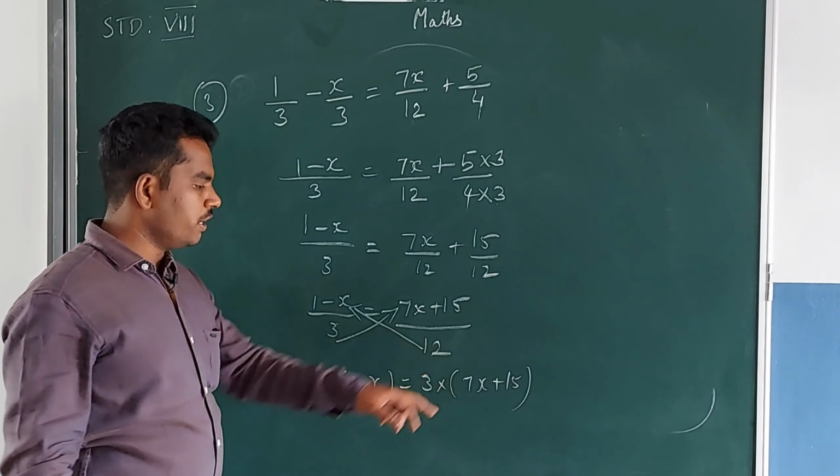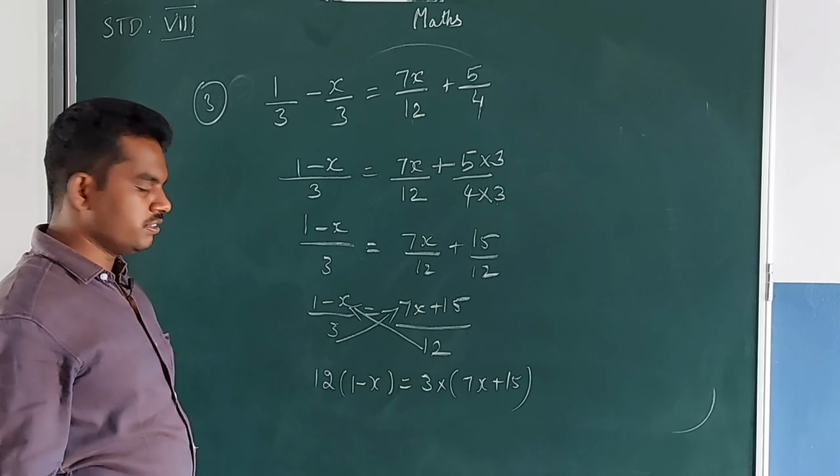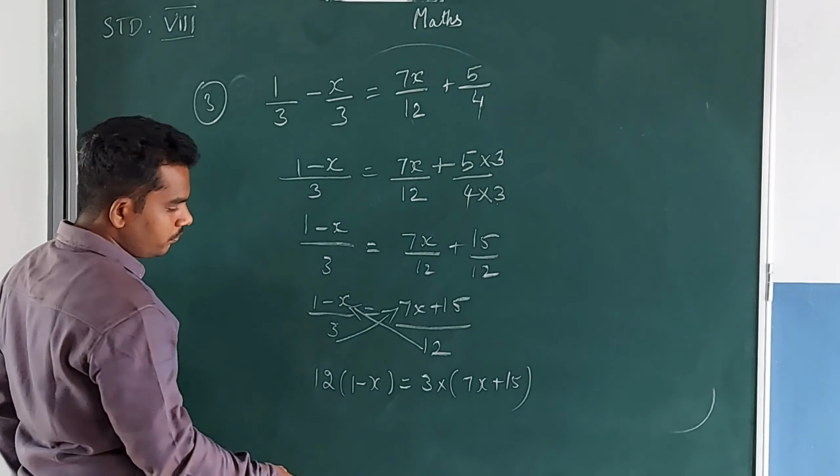Okay, next you multiply the 12 into this side, 12 into 1, 12 into minus x, 12x equal to 3 into 7x, 21x, 3 into 15, 45.